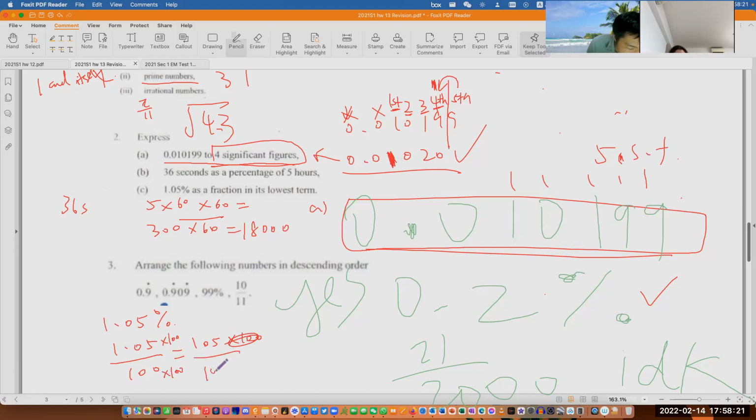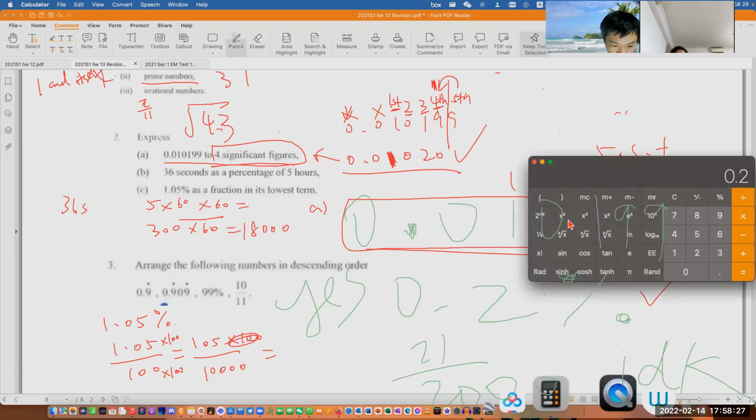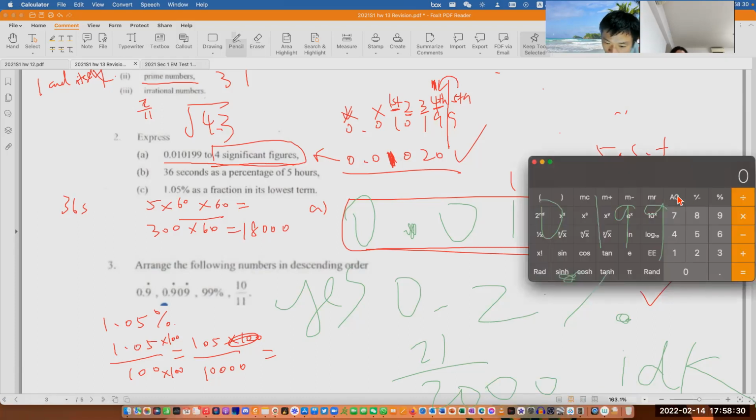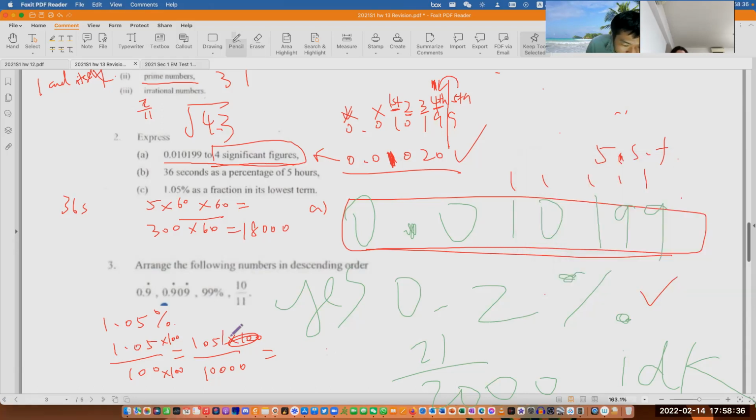So you end up with 10,000 below. Then I highly recommend you use a calculator. What do you have? You divide by a 5 here, you divide by a 5 here, you end up with 21, and then, yes. By the way, the answer must be in simplest form.